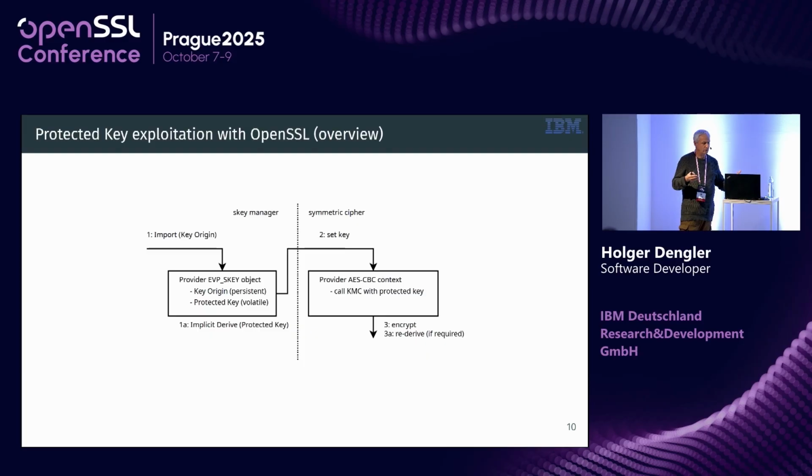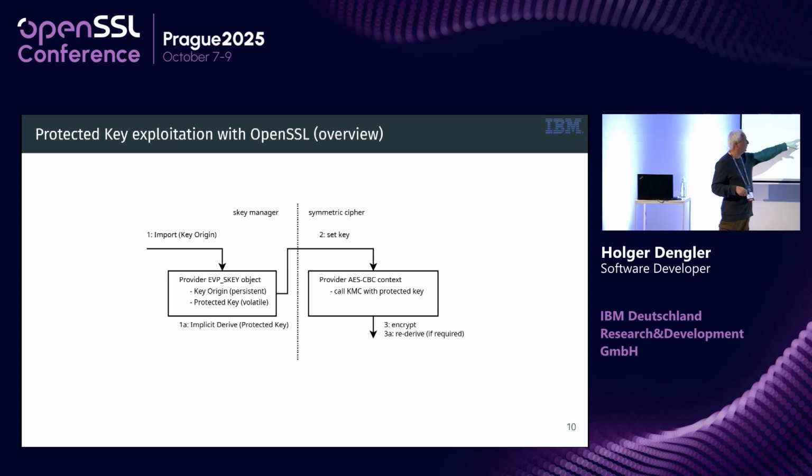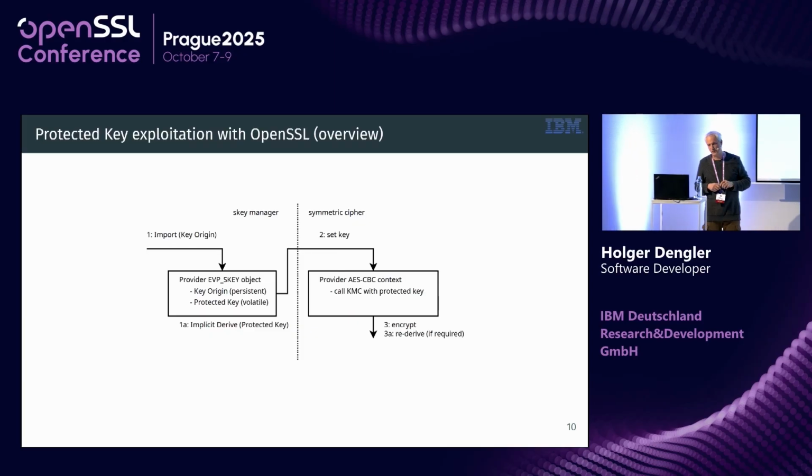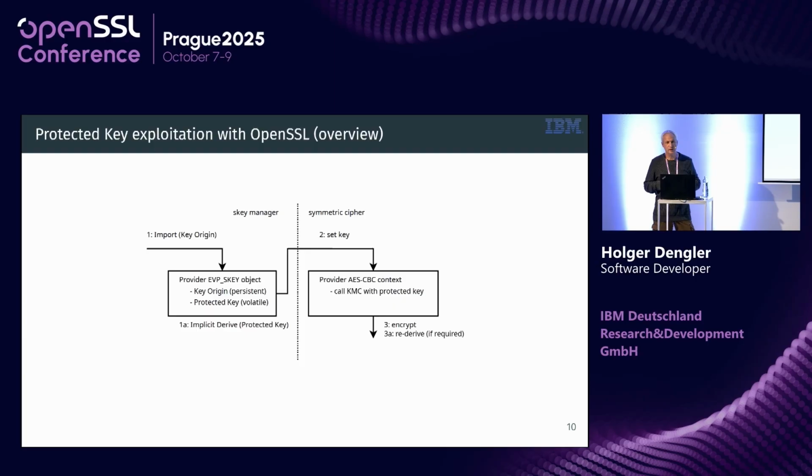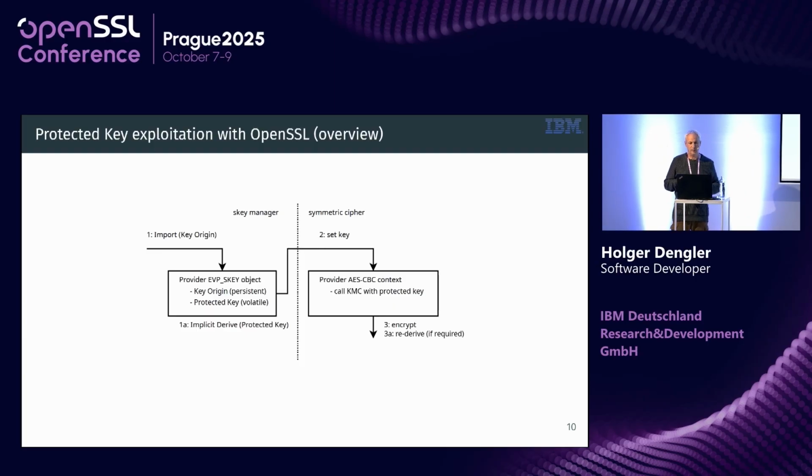We will catch this error, do the rederivation, and restart the encryption or decryption after that derive. So we will have the first derive in the S-key manager, and then some other derivations in the cipher implementation. This is a special thing that we need to cover in our implementation.